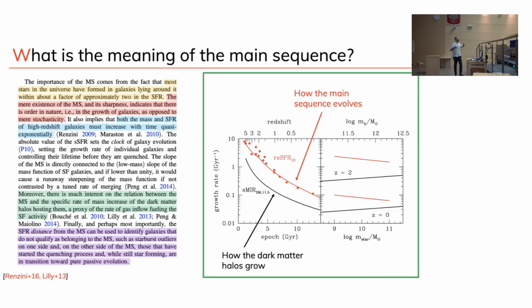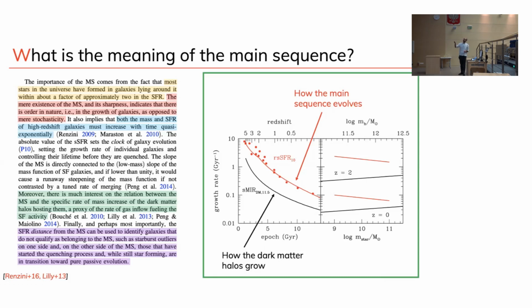It tells you how quickly the galaxy is growing in mass, with the accretion of dark matter onto halos. So this is what your dark matter accretion would predict, and this is instead star formation, the specific star formation rate, and you see that they actually trace each other pretty well. I'm going to come back to this in a second.